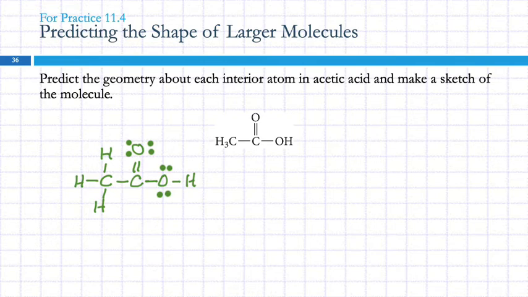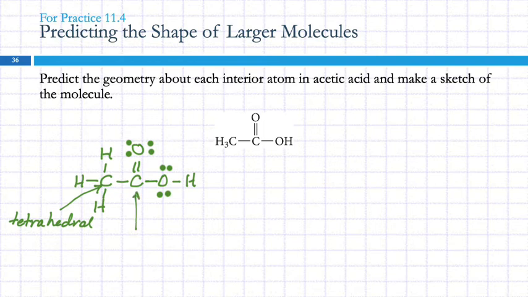Okay, so now I can look at this carbon and say, how many electron groups? 4, and no lone pairs. So what's the geometry for that one? Tetrahedron. And this guy, how many electron groups? 3.